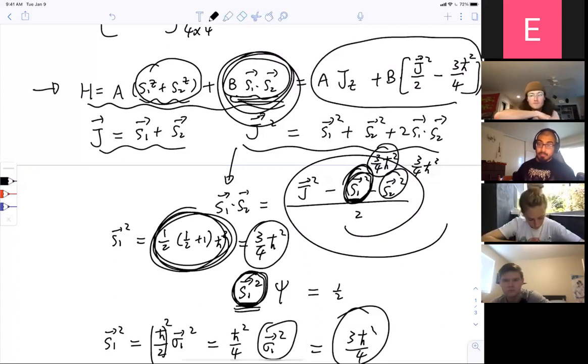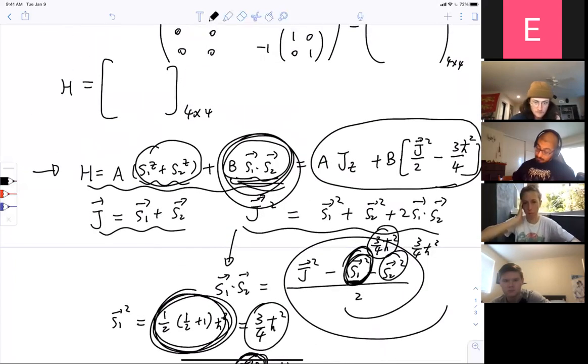So this is our Hamiltonian, and we realize that the complete set is the Hamiltonian, Jz and J squared.